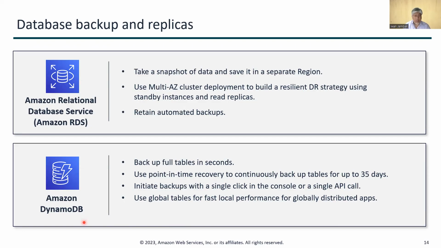Here in Amazon DynamoDB, you can back up a full table in seconds. You can use point-in-time recovery for continuous backup for up to 35 days. Then you can initiate backup with a single click in the console or a single API call. You can use the global tables.